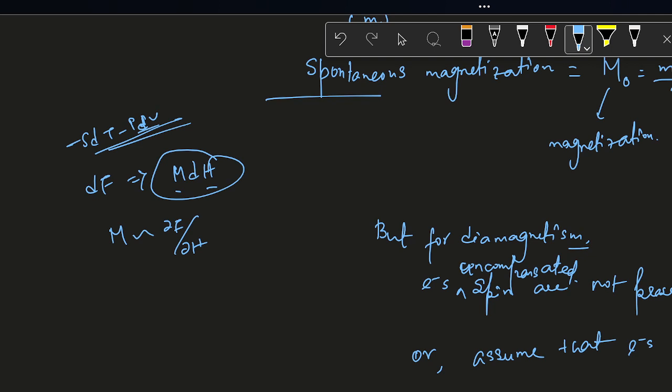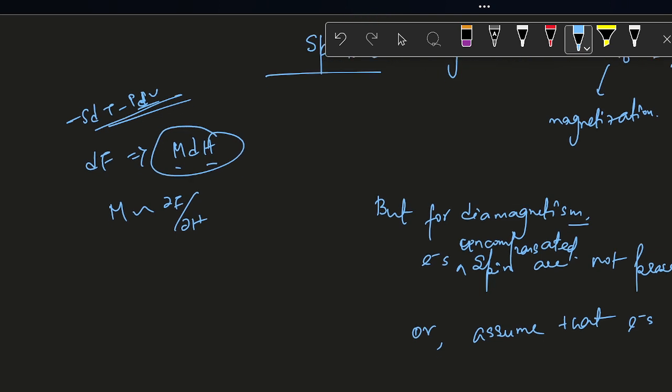So if they are spinless, that means whenever you are not applying any field, so at h equal to 0, the spontaneous magnetization will be 0, because there will be no spin on the system, right? So that's what makes this minus 1 by v del f del h at h equal to 0 equal to 0.